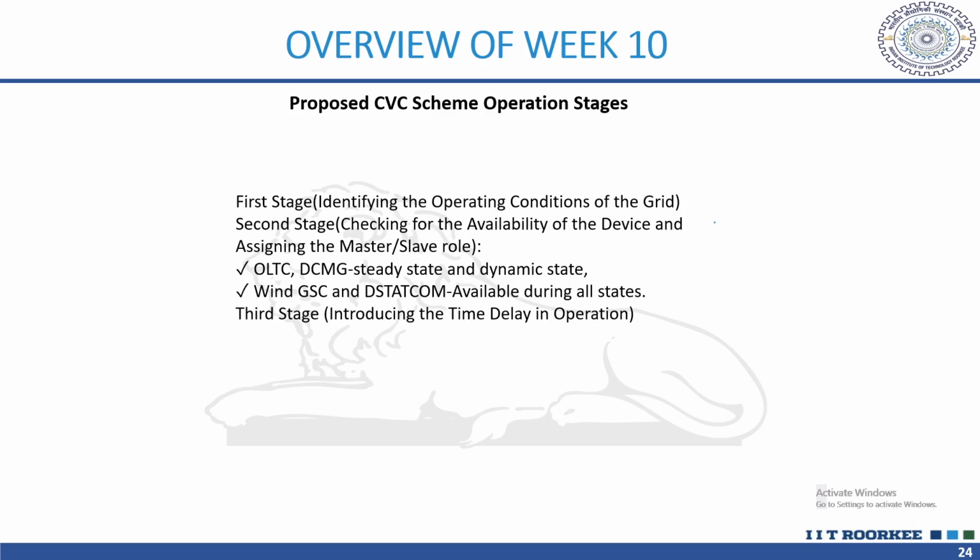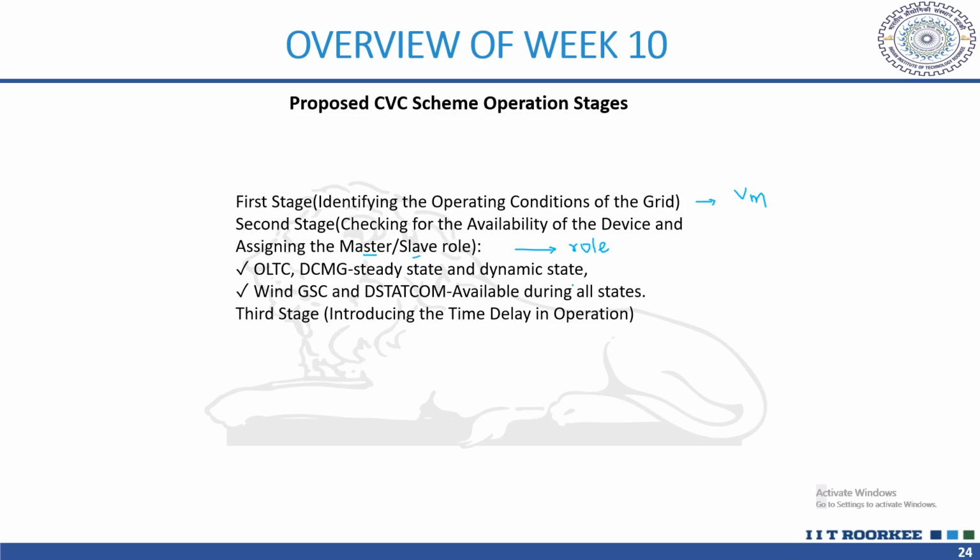In the proposed scheme, what they have done is, in the first stage, they are identifying the grid condition, that is the VM. Then they are deciding the role of the voltage control devices, whether they will act as a master or as a slave.